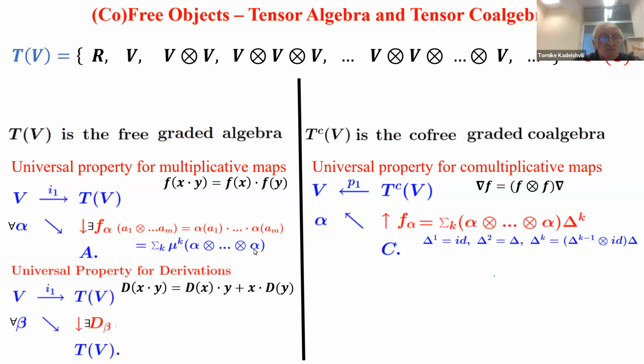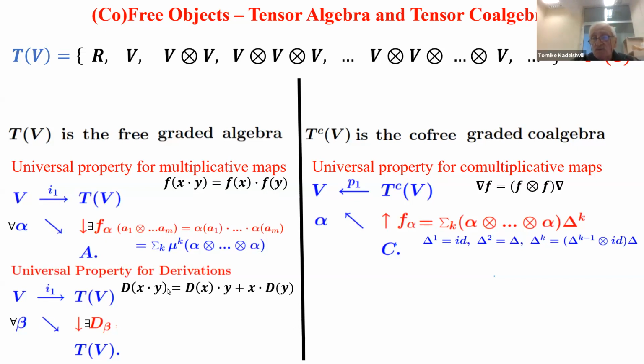And when we speak about the differential story, in the world of algebra there are not only multiplicative maps, where F of a product is the product of F's. There are also derivations, and the free object is free not only with respect to algebra maps but also for derivations. And what is a derivation?